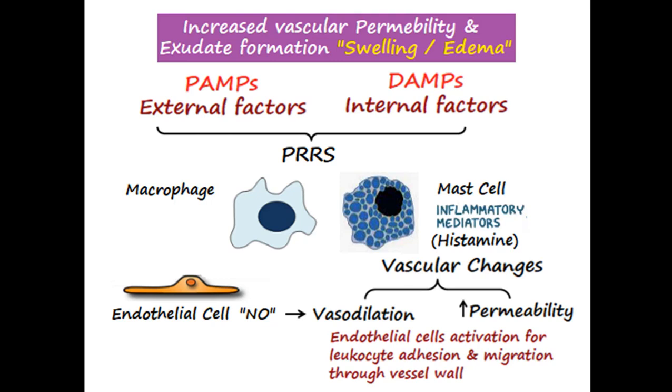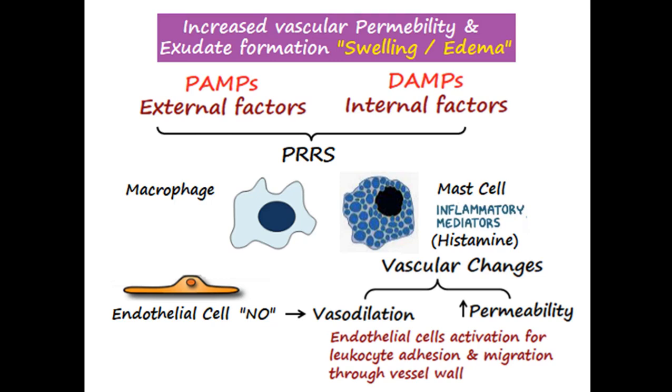That is the vasodilation, to increase the caliber of the blood vessels to carry more blood and cells to the area of injury and inflammation, and to increase the permeability. By that we mean to make the vessels more permeable so that the cells leave the blood and go into the extravascular site where the infection or injury has occurred.